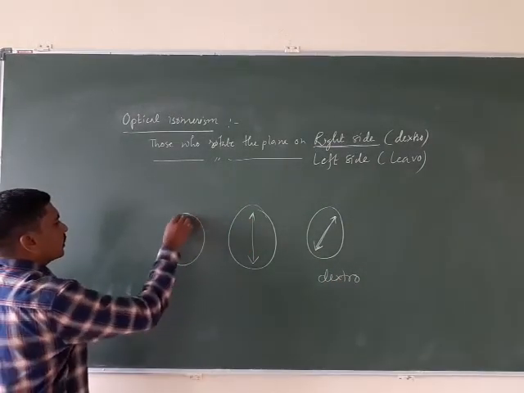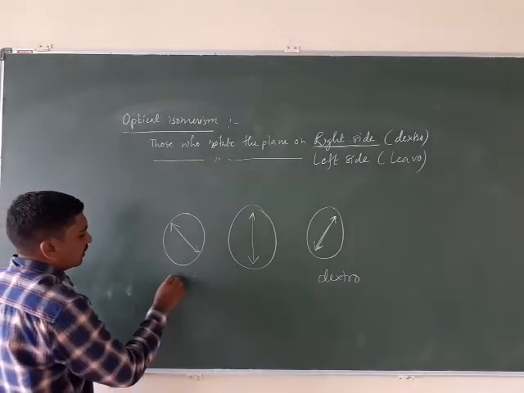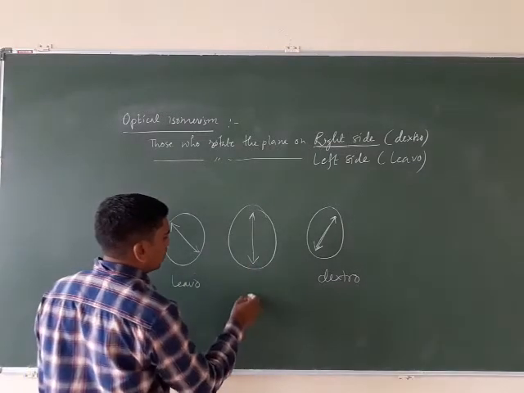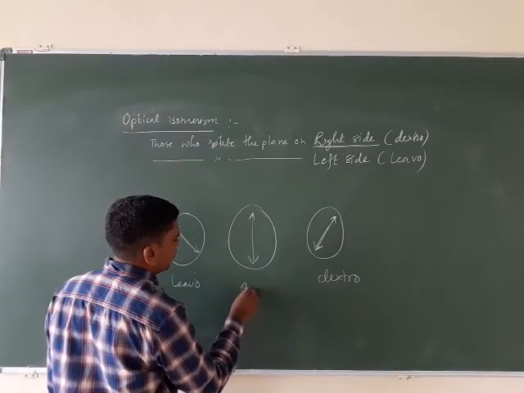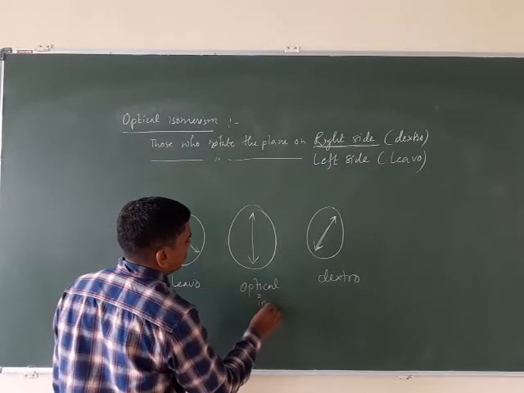If the rotation is on the left hand side, then it is called levo. And if there is no rotation, then it is called an optically inactive compound.